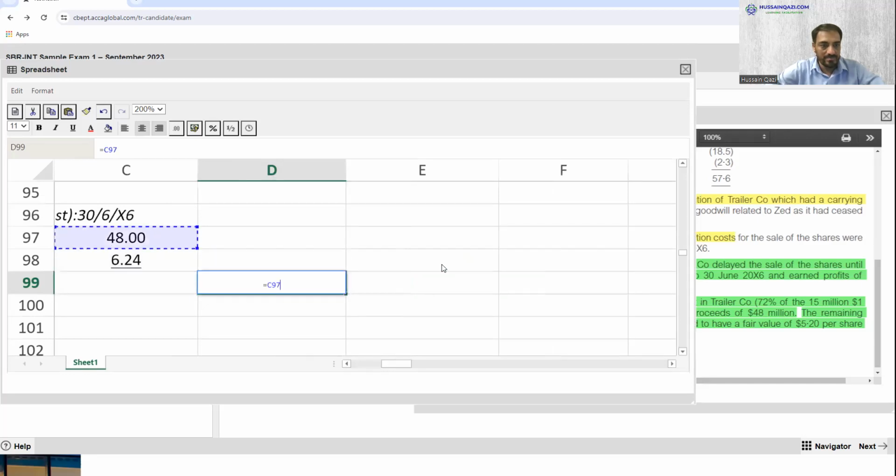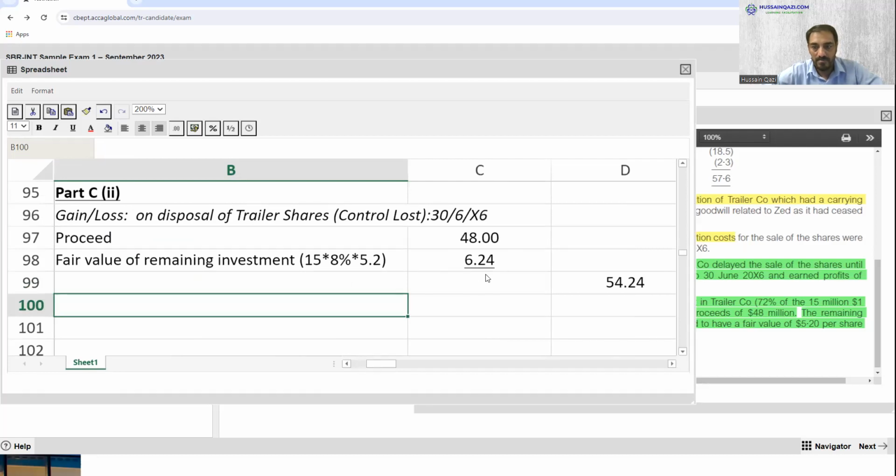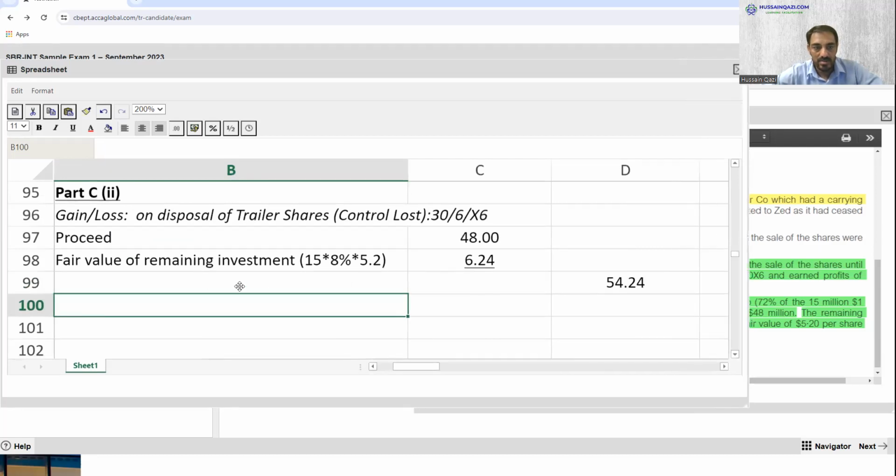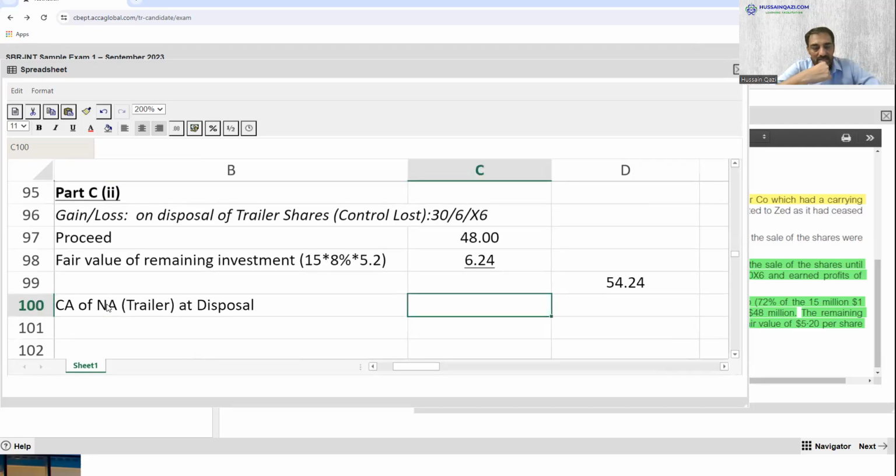So here the total is 54.24. Now the carrying amount of net assets of Trailer at disposal.